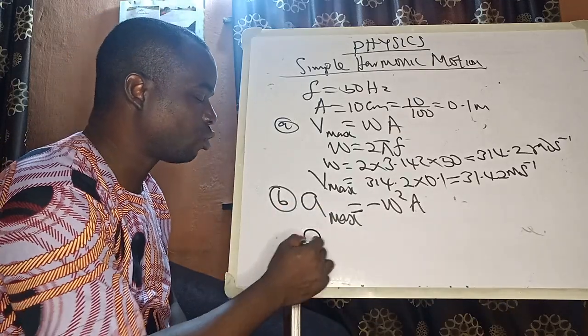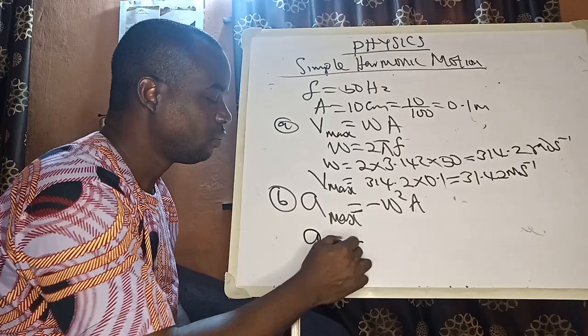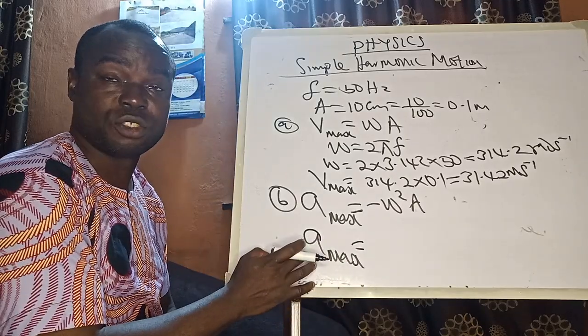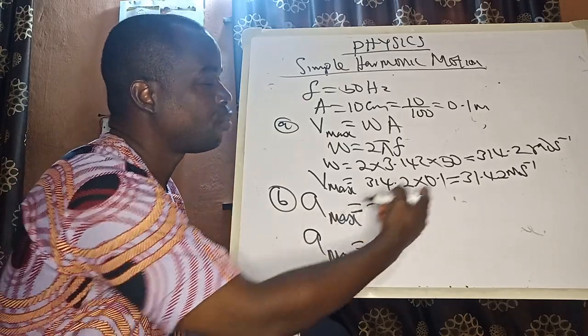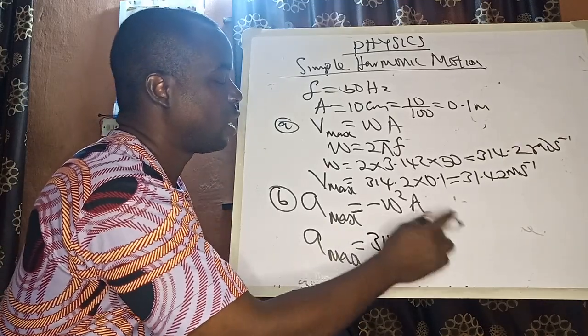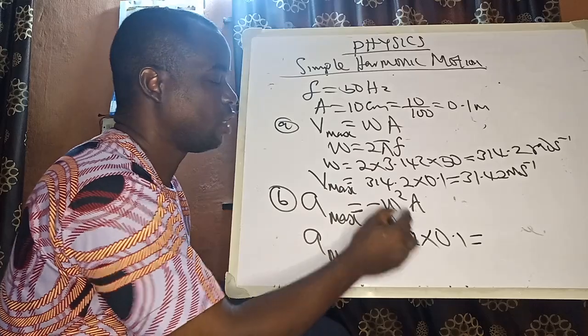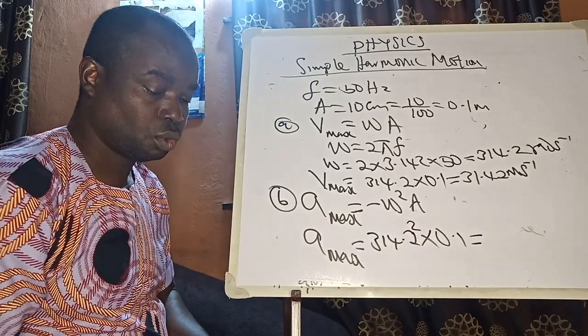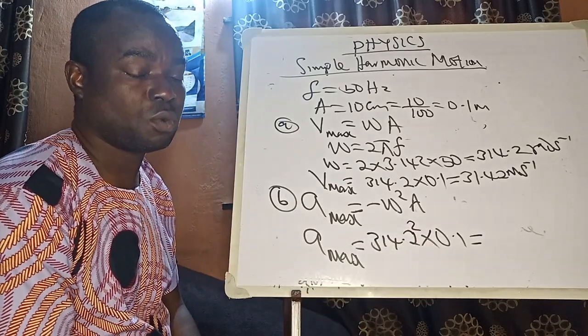So if I want to now solve my A max, that's maximum acceleration, I have our W is 314.2. Our A is 0.1. There is square here, so I put square here. So use your calculator and multiply it. Let's see what we get.